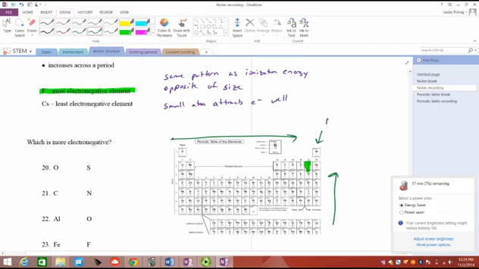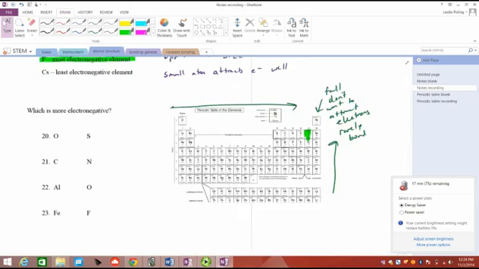Noble gases are full, so they don't want to attract any electrons, and they rarely bond. So, which is more electronegative? We would have oxygen, we would have nitrogen, we would have oxygen, and of course we would have fluorine.